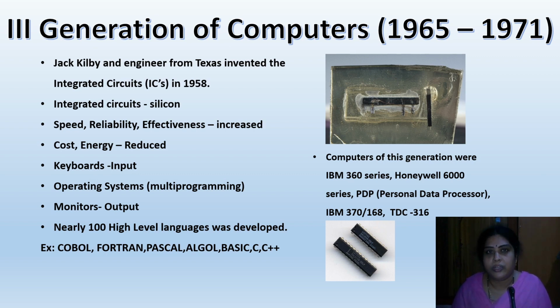So it contained hundreds of transistors, resistors, capacitors in one chip. What was the outcome of this? The speed of the computer became very high, it became more reliable, effective, and also cost effective, much cheaper. With ICs, the cost of the computer reduced drastically.